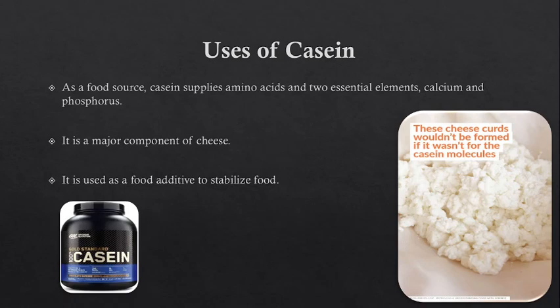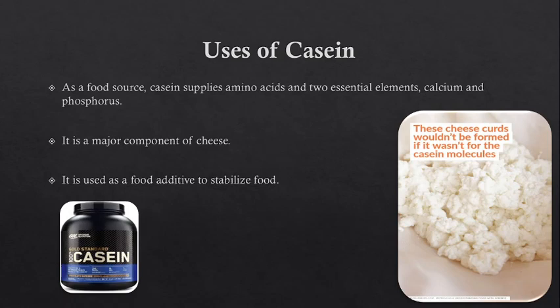Casein is a protein made up of amino acids. Casein also has phosphorus and contains calcium. So casein is a very good source of nutrition because it has amino acids, phosphorus, and calcium. All these things are very essential and very good for humans, so it is used as a food source.